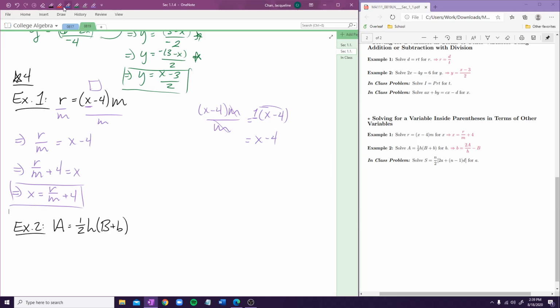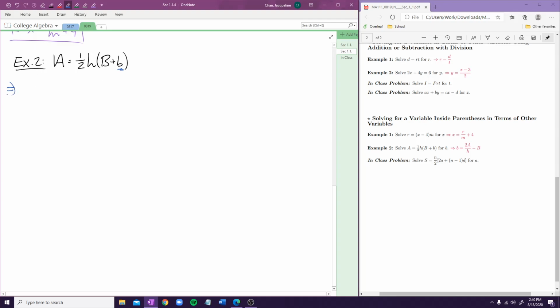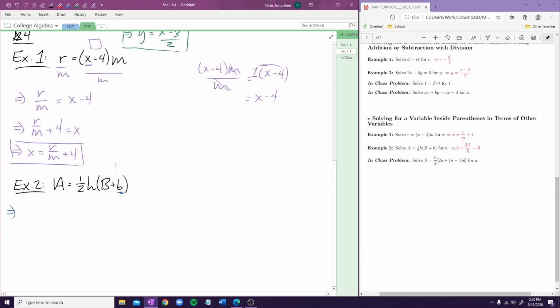Okay. The last example I want to do today, we are given A is equal to 1/2 h times the quantity big B plus little b. And our goal is to solve for little b, right? So again, just like above, we could distribute this 1/2 h over, but why do that?